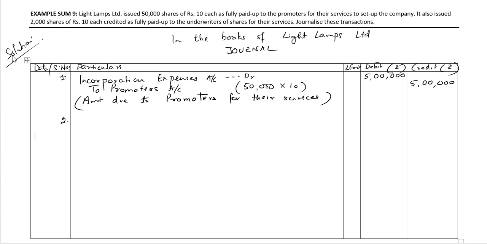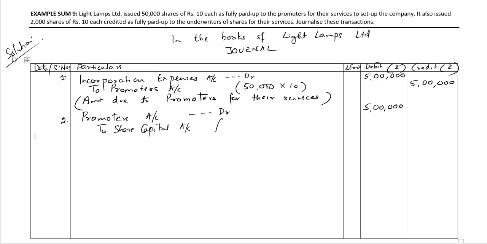The second entry is for the issue of shares to the promoters. Promoters account debit, the amount payable to the promoters, 5 lakh rupees. The shares have been issued at par to share capital account.